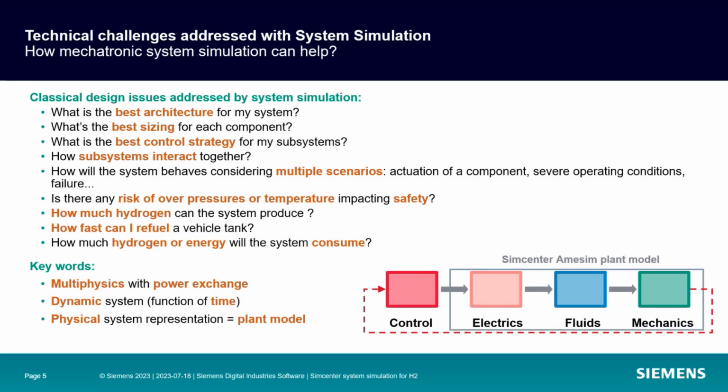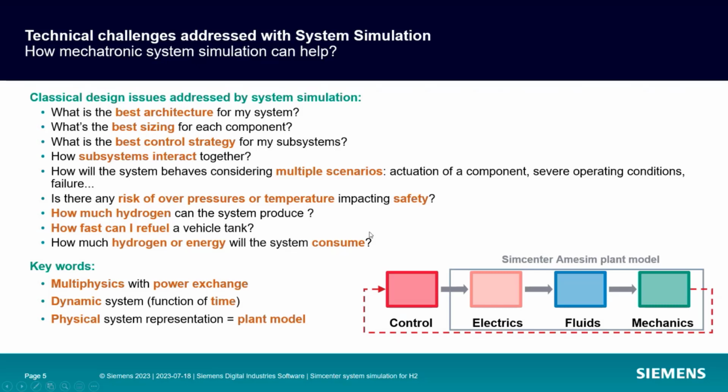You can evaluate how your system will behave considering multiple scenarios, for instance, the actuation of a component such as a valve, a compressor, a reactor. You can also evaluate what the behavior of your system will be during severe operation conditions or a failure. You can evaluate if there is any risk of overpressure or temperature impacting the safety.